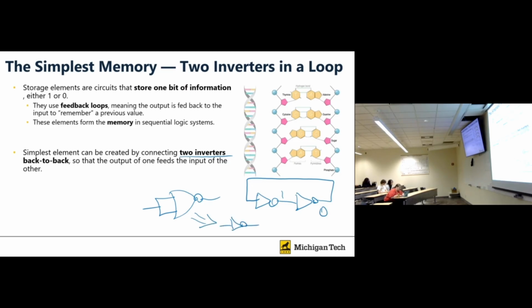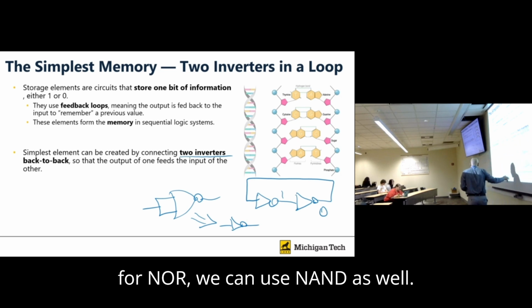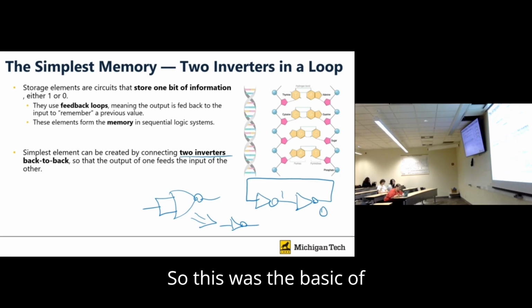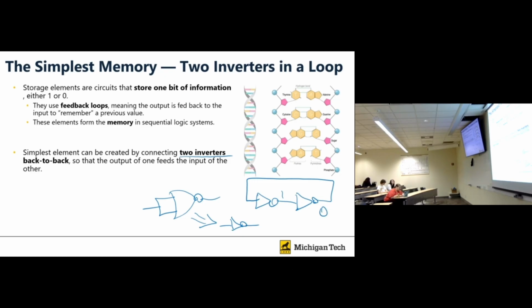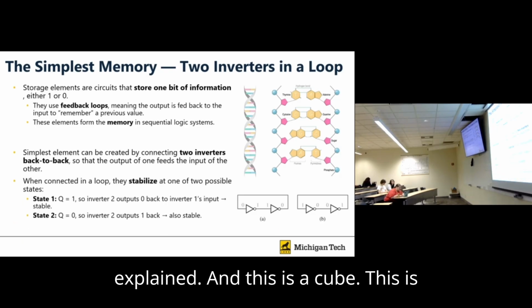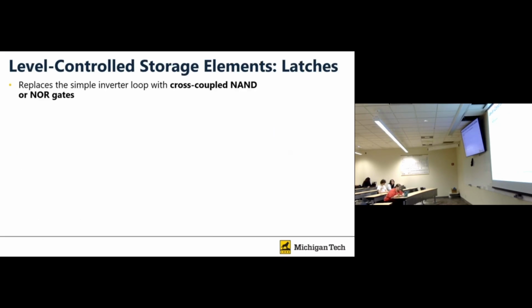So we can do that, and for NOR, we can use NAND as well. This was the basic history behind memory in a nutshell. This is the one that I already explained: one inverter changing to zero and repeat.